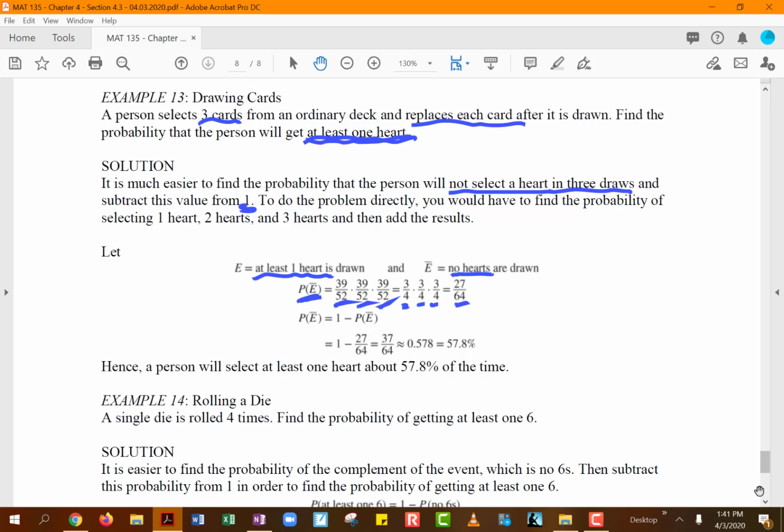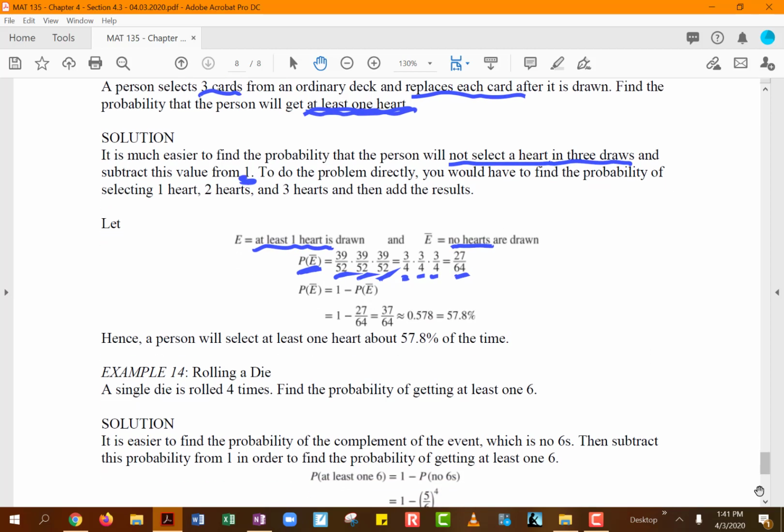And then to find the probability of the event itself, actually there's a typo, because I just took this from your textbook. This should actually be the probability of E, and the book is showing it as E bar over here.